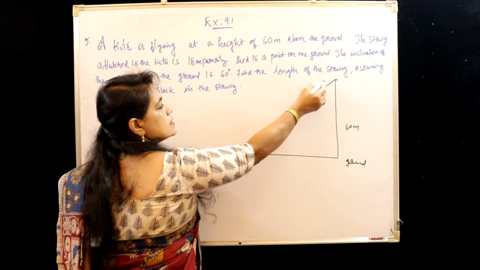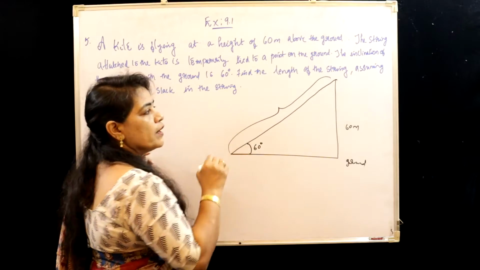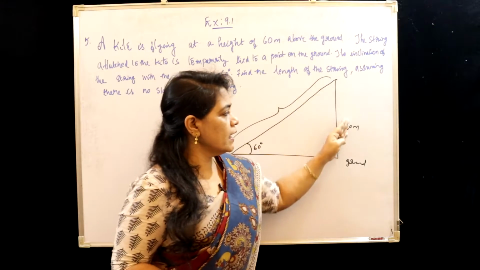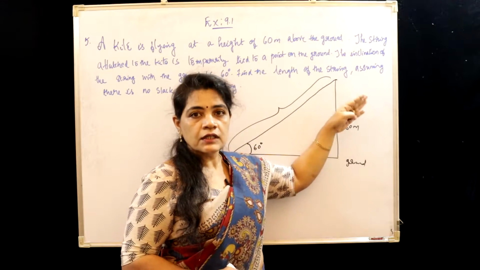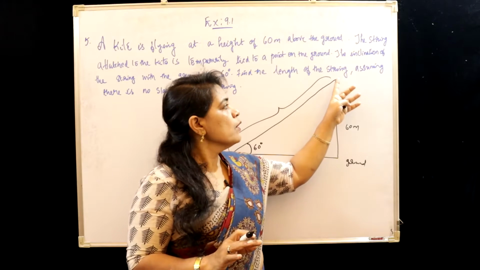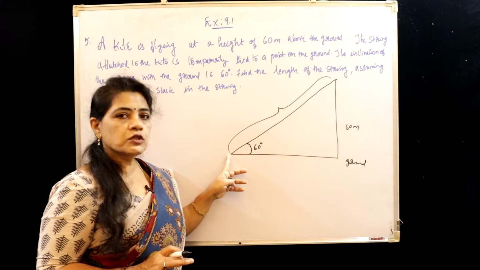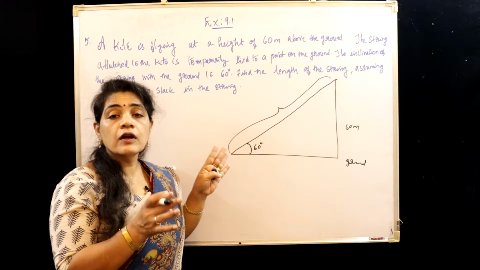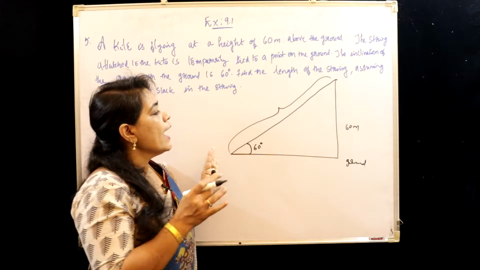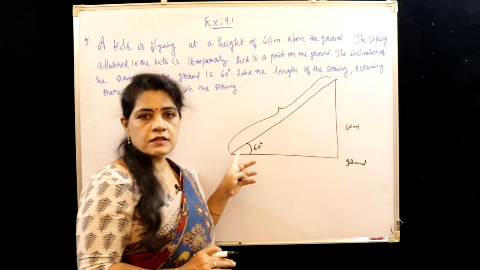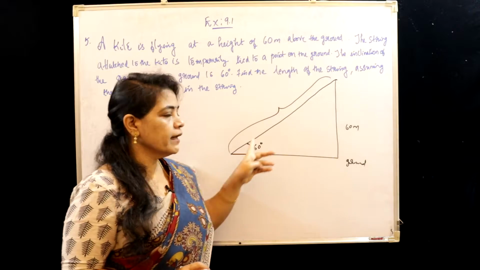This is the string, this is the length that we need to find out. This is the ground level, and the kite is 60 meters above the ground level. At this point the kite is attached to the ground with an inclination of 60 degrees, and this is the required length.